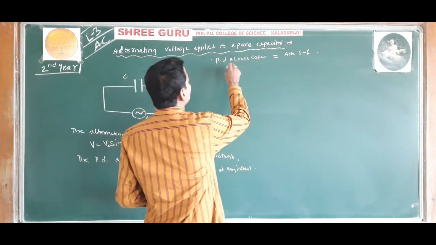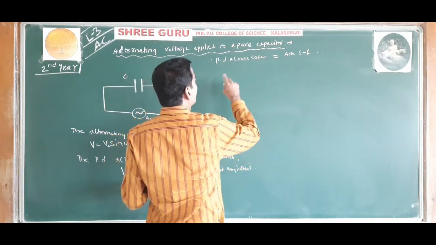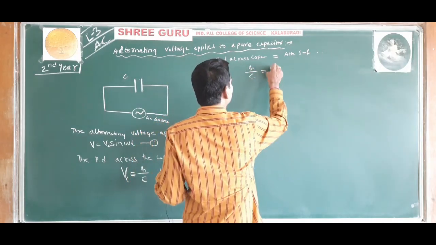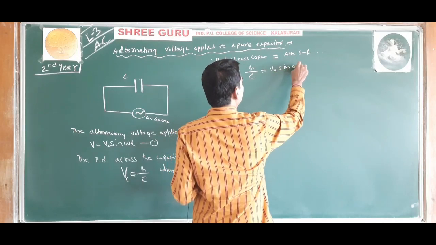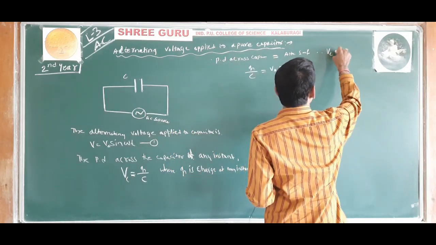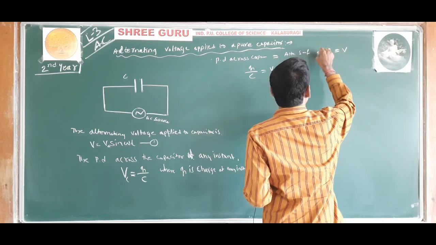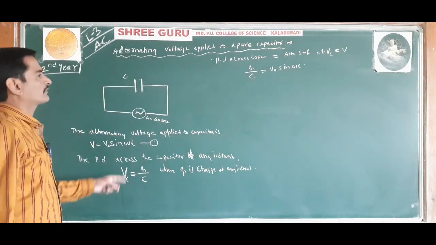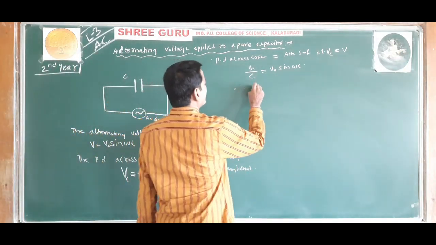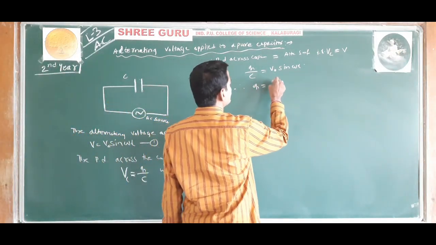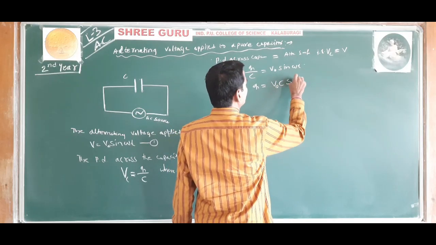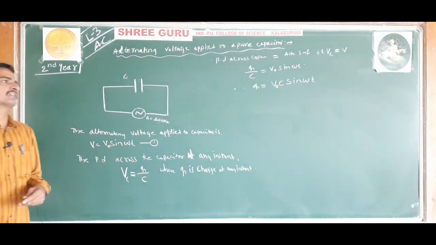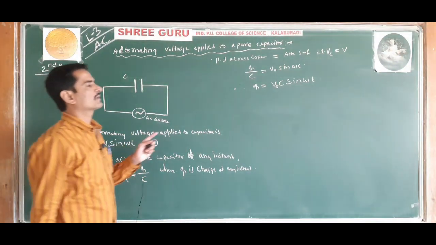So Vc must be equal to V, where Vc is Q by C and V is V naught sin omega t. Therefore the charge at any instant on the capacitor is given by Q equals V naught C into sin omega t.